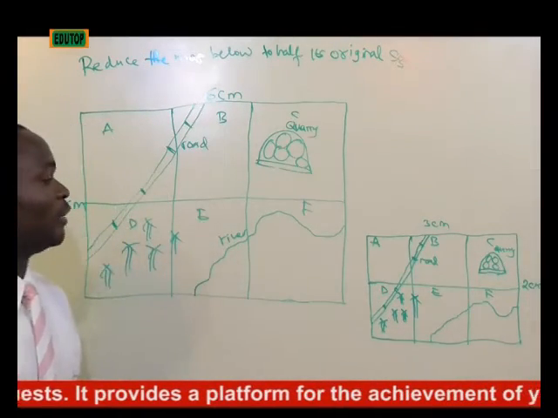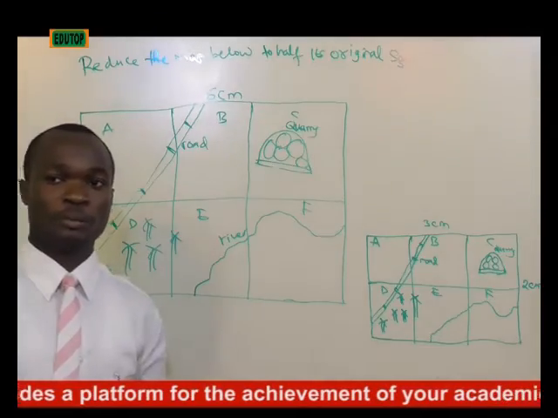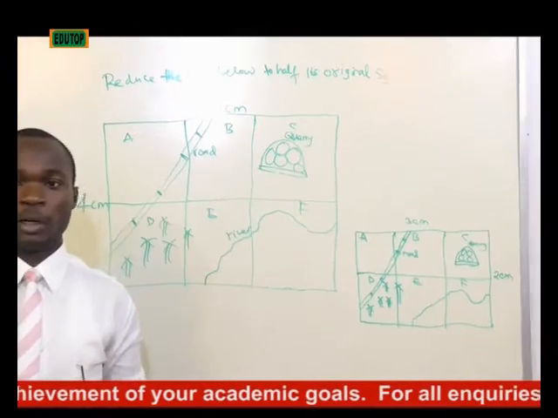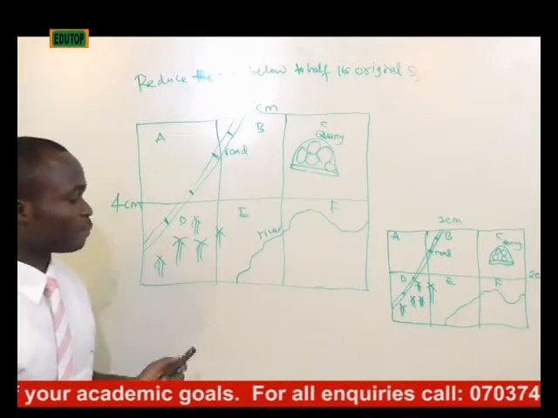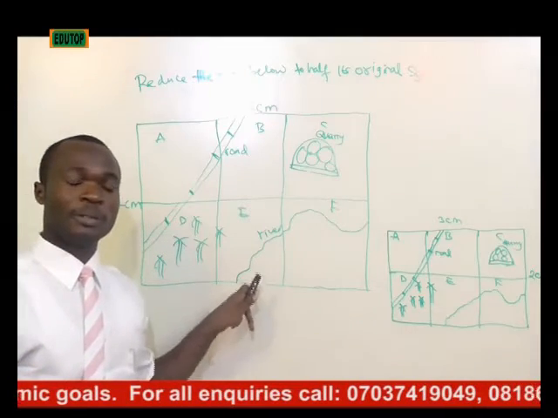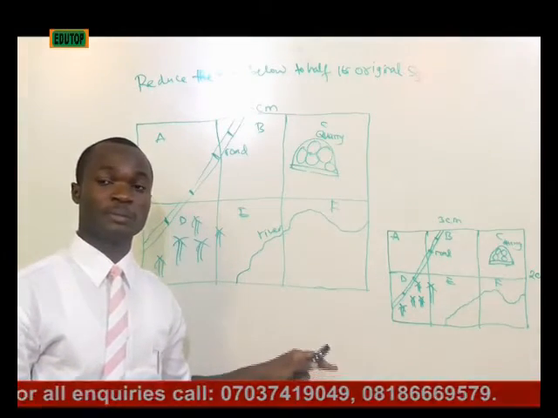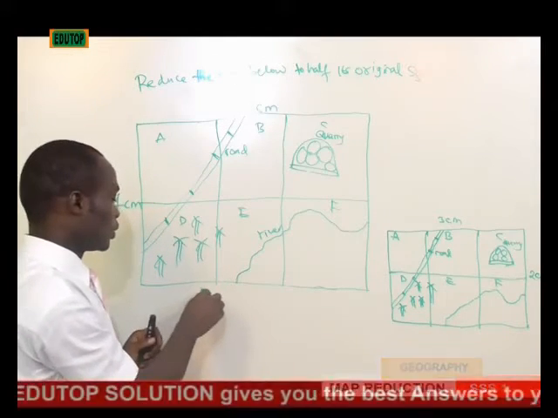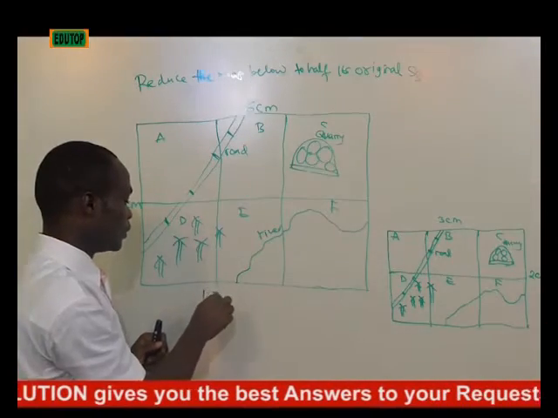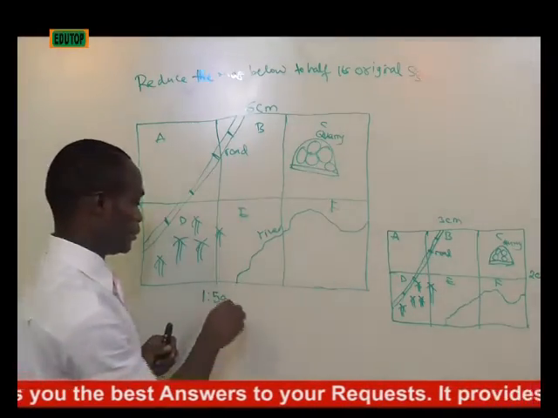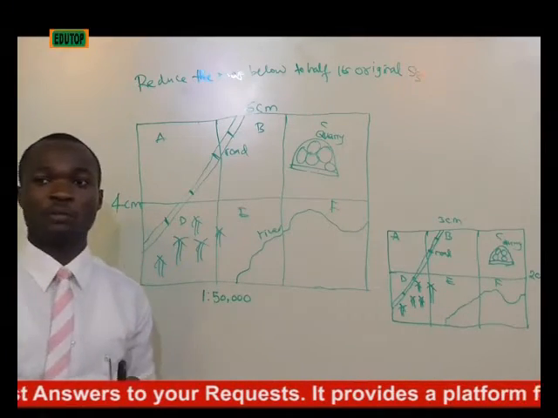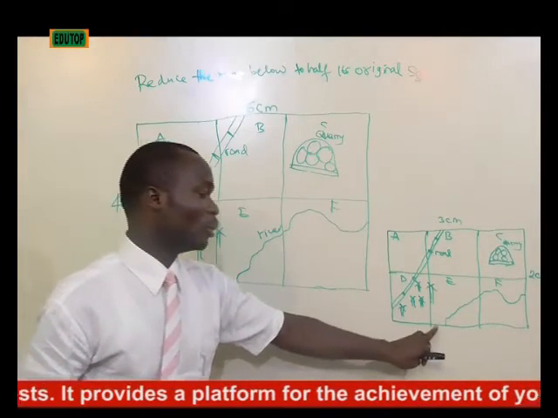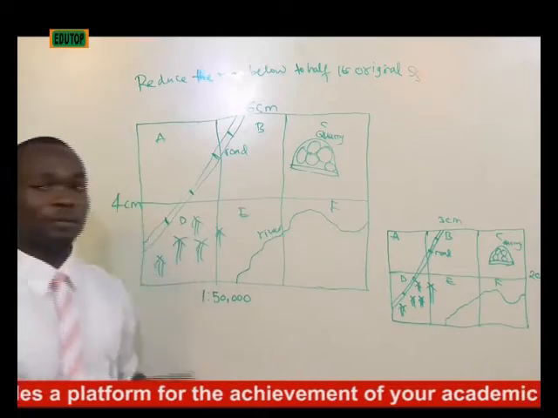Now, having done that, what you do is you change the scale, take care of the scale. Note also that when you reduce a map, the scale changes. Now, if the scale of this map originally was 1:50,000, the scale of the new map will not remain the same, will not be 1:50,000.